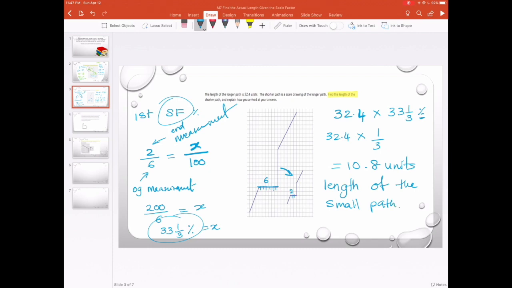And how did we arrive at our answer? First we found the scale factor, and then we figured out how we're going to use that to find the length of the small path, and we did some multiplication. But I want you guys to think more about how you arrived at this answer.